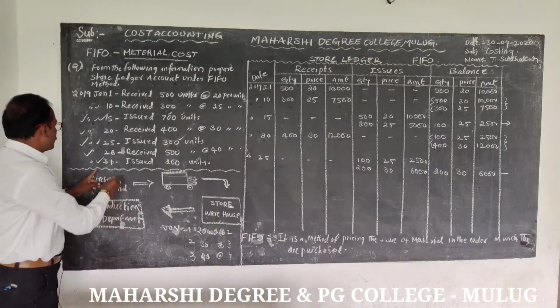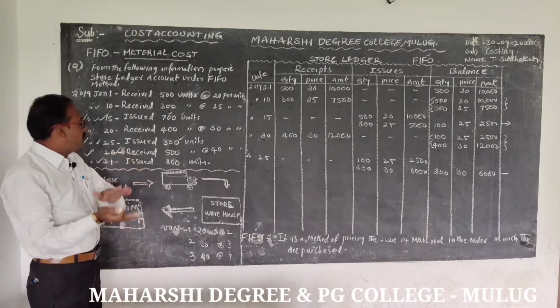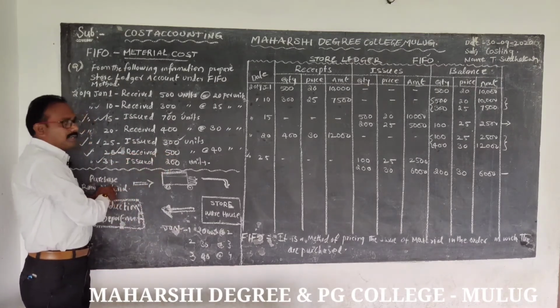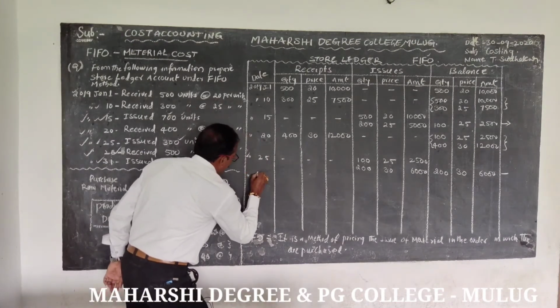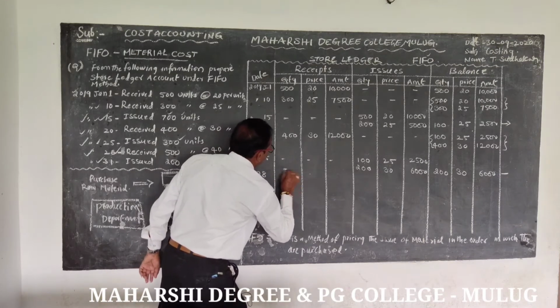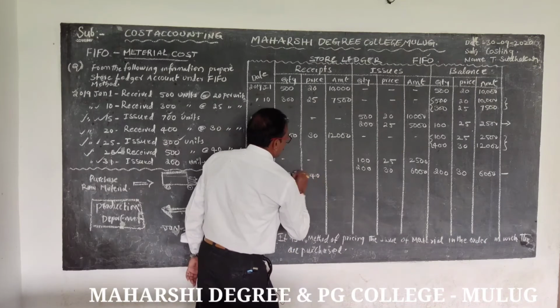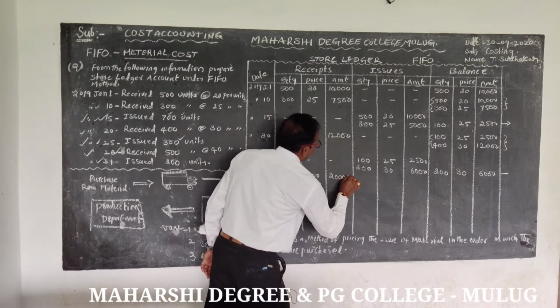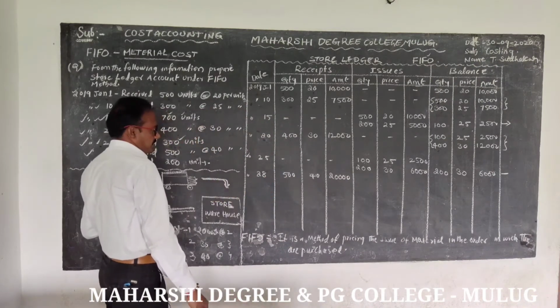Next, on the 28th, additional units received from the purchase department, 500 units. The receipt is posted in the receipts column: 500 units at 40 rupees, 20,000 rupees, additional goods purchased from the purchase department.